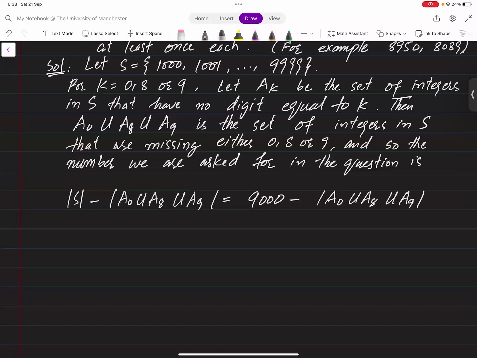Now we therefore need to calculate the order of this set, which we shall do using the above equality for the union of A, B, and C.